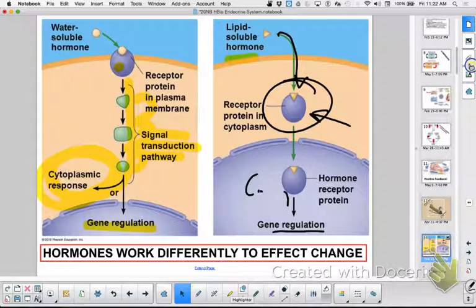Its effects are slower. Steroid hormones are slower, but what do you know about slower acting things? They're more long lasting. So between these two, peptide hormones are faster and steroid hormones are slower. On the notes for that one, in 2B, it activates a gene, and ultimately a protein is formed.